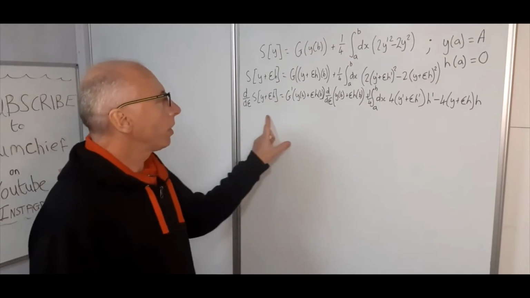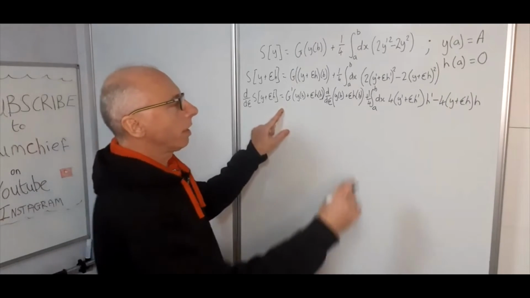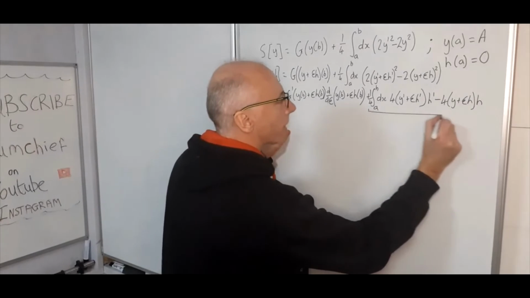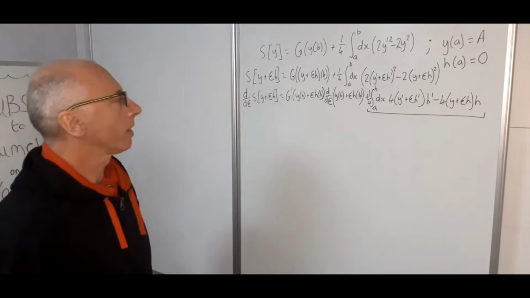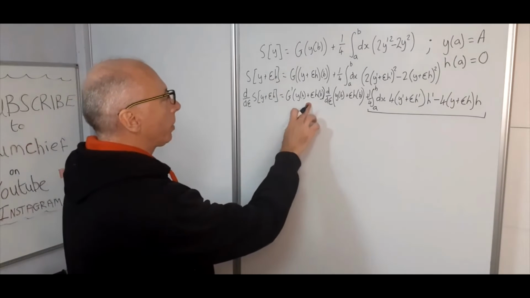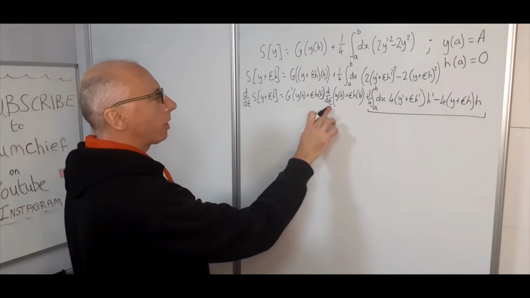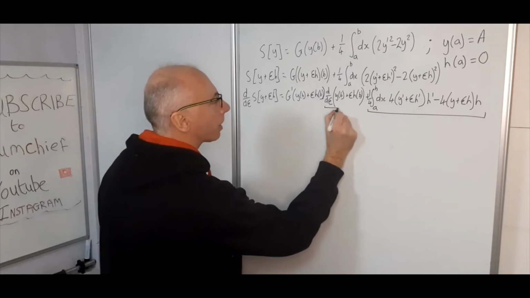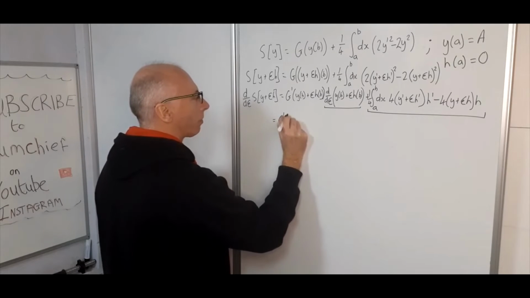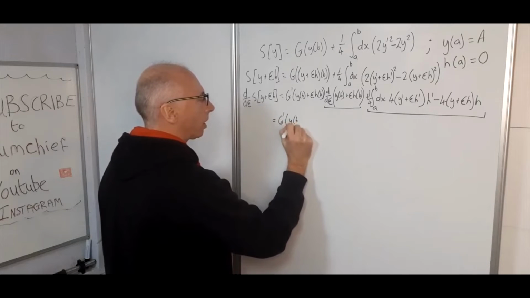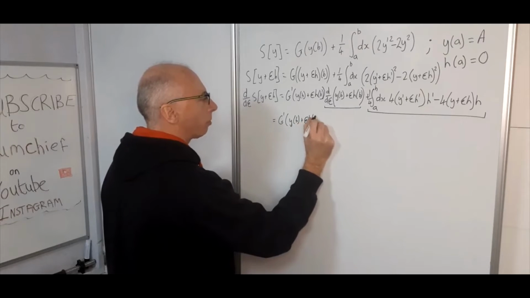Okay, so now continuing with the derivative with regards to epsilon, we just need to tidy up this part here. This part here is already taken care of. I'm happy with that part so far, but now we just need to take care of this. So we've now got G' of y(b) plus epsilon h(b).